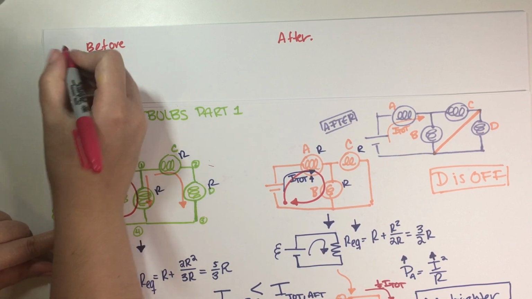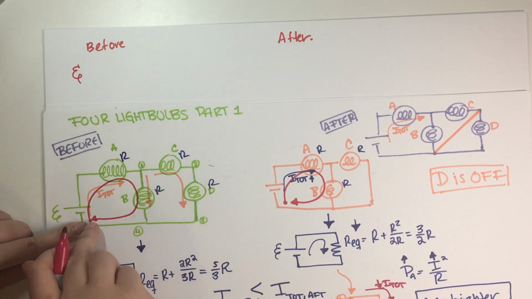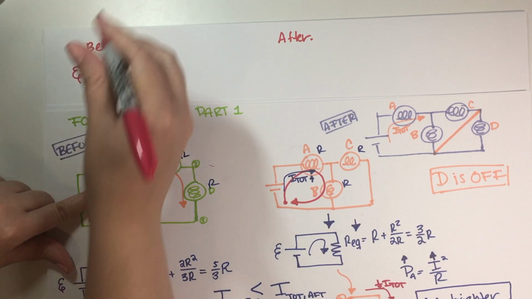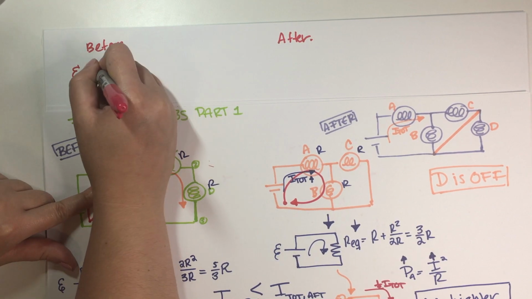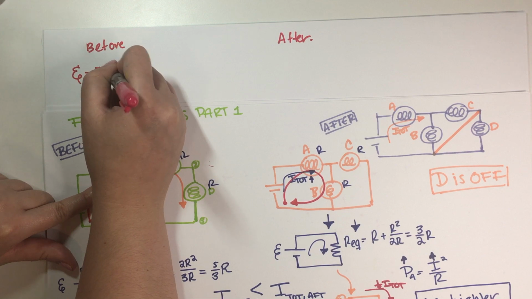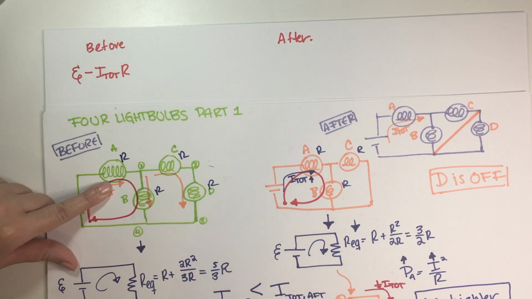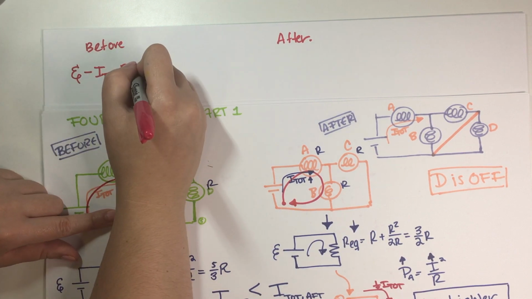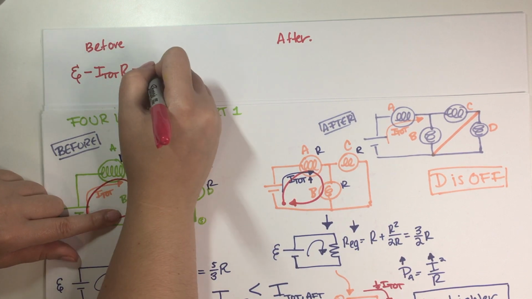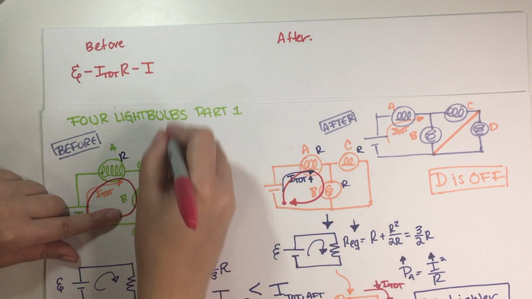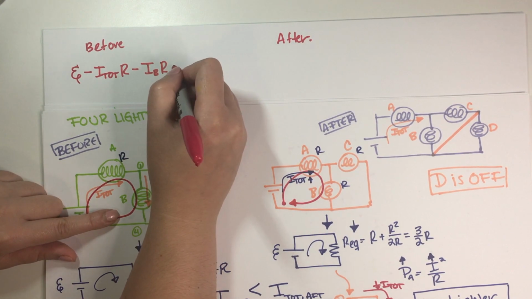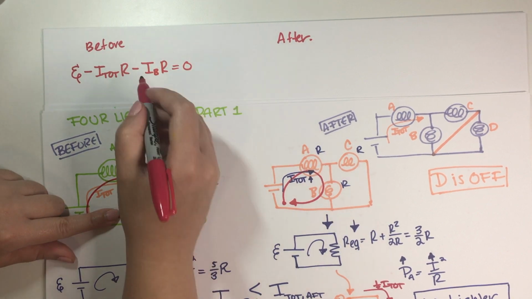So this loop starts at B, then crosses A, which is negative I total times R, and then it crosses B, which is negative, let's just call it the current that's crossing B times R, and this is equal to 0.